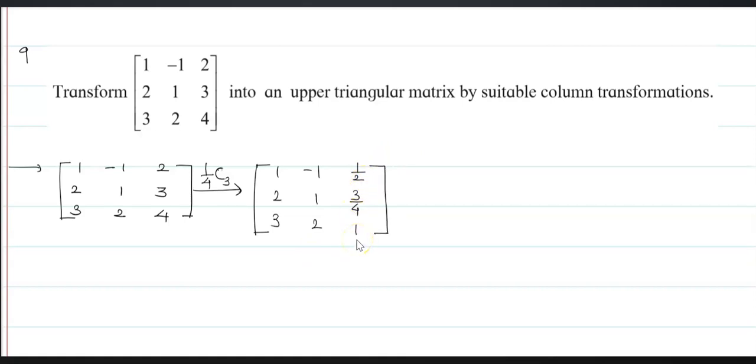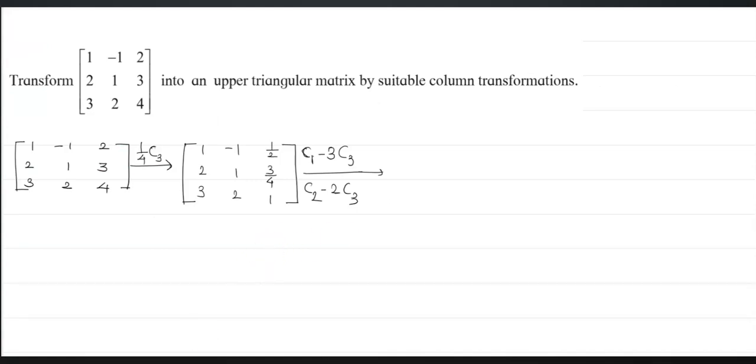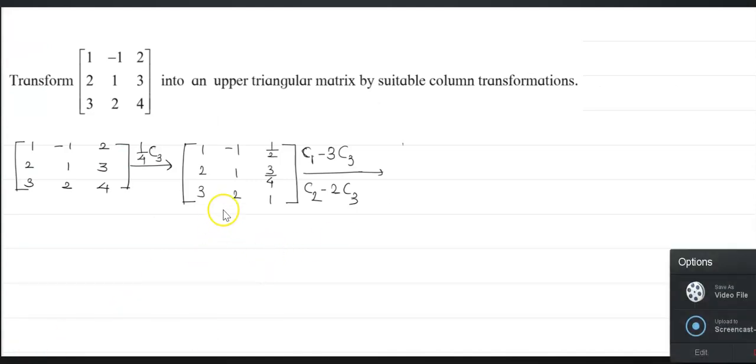Now my next operation is C1 minus 3 times C3 and C2 minus 2 times C3.